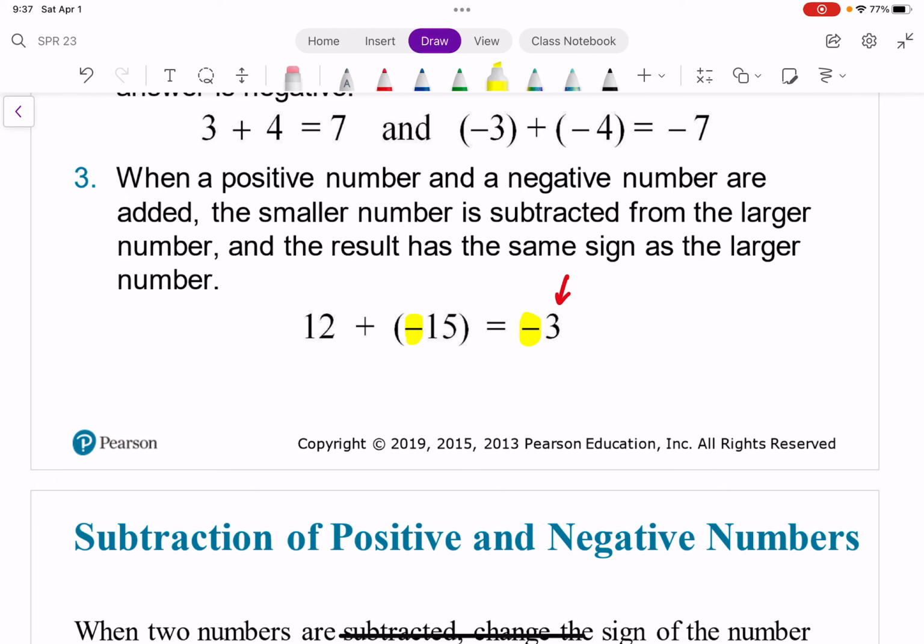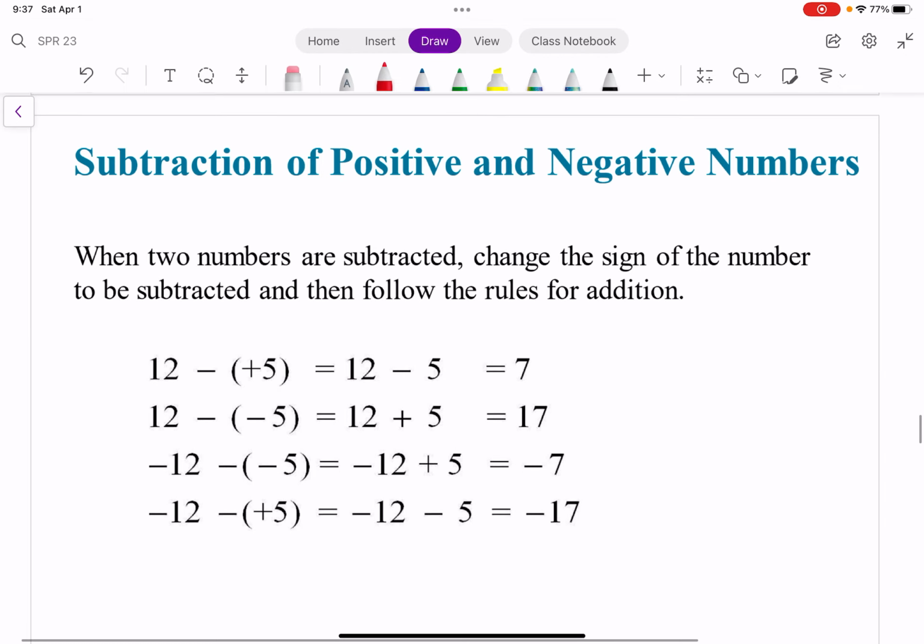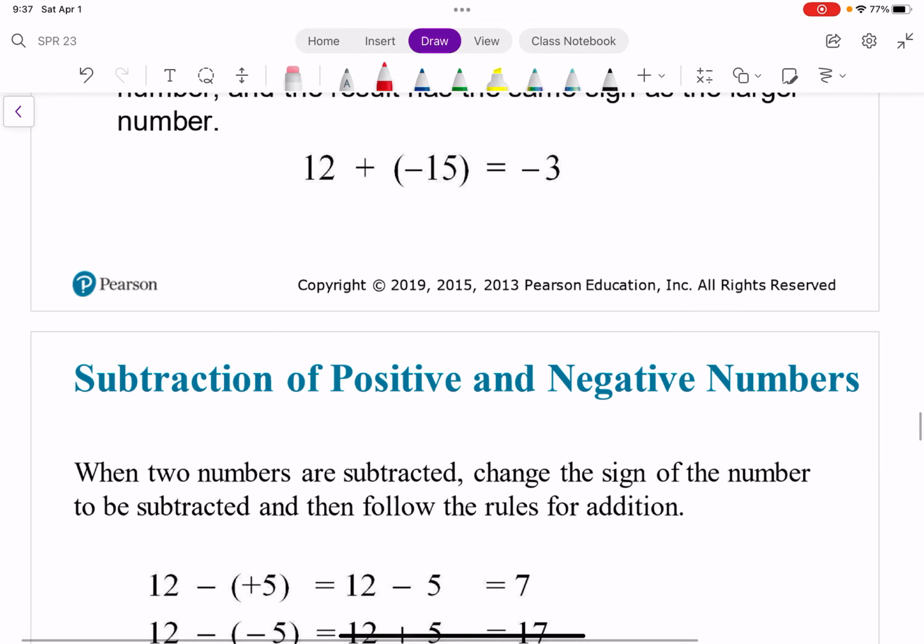If my bigger number is positive, that would be positive. So say this was positive and this was negative, then this answer would be positive. Okay, so you take the sign of your bigger number, and that's what determines the sign of your answer. But either way, you're subtracting, okay? Because notice we didn't just add 15 and 12, right? We immediately subtracted.